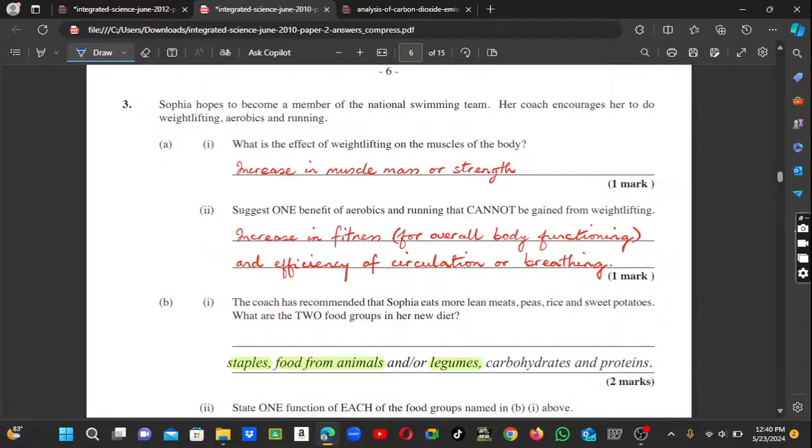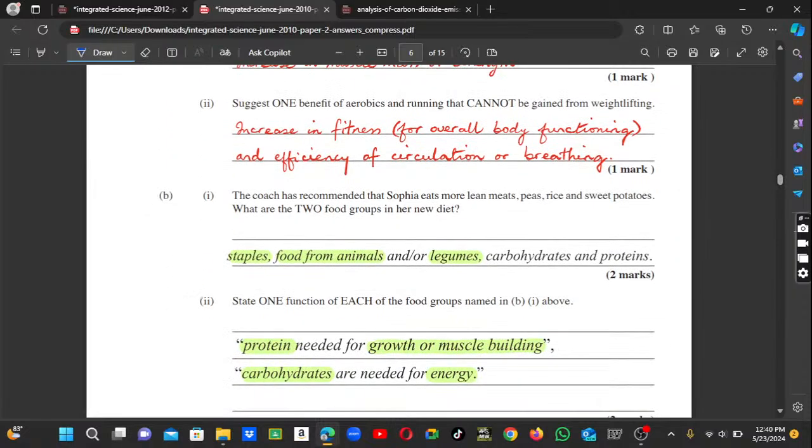Moving forward. The other one says the coach recommended that Sophia eats more lean meat, peas, rice, and sweet potatoes. It asks what the two food groups in her new diet are.